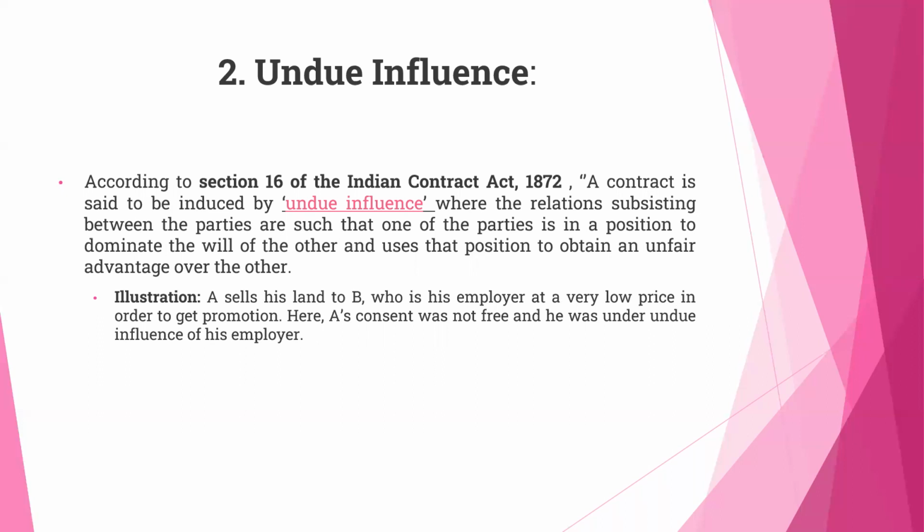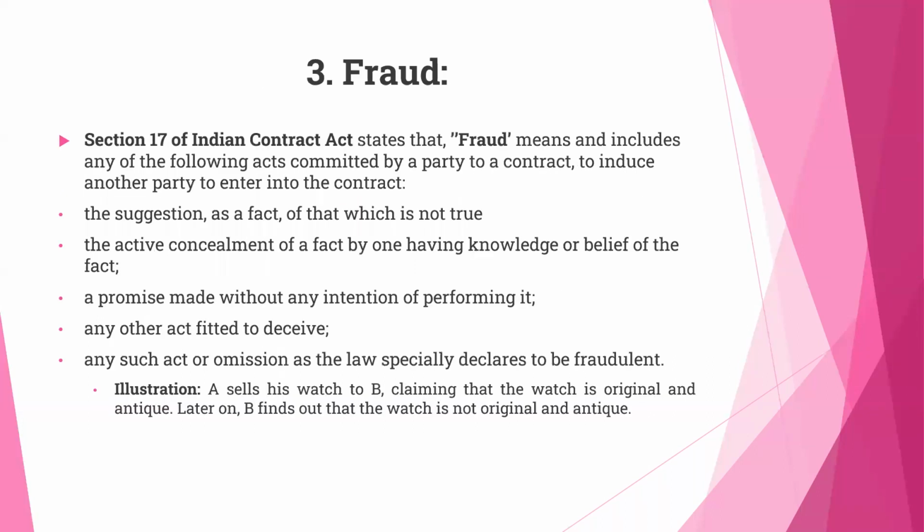For example, A sells his land to B, who is his employer, at a very low price in order to get a promotion. Here, A's consent was not free and he was under undue influence of his employer. So, this is a void agreement.